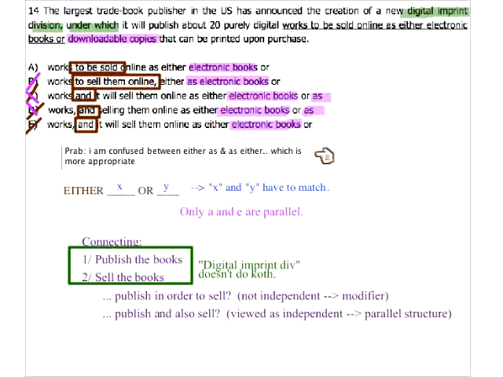Do you mind recapping again why we ruled out and? Yeah, it's a theme we've been talking about in this lesson. And would imply separate tasks. And would imply that these are separate, independent tasks. Publish to sell, or publish to be sold, means that this is the intention of publishing them and that they're not independent.